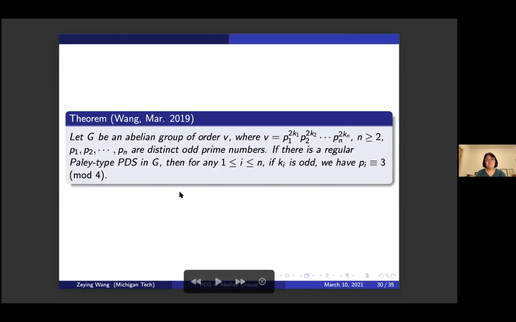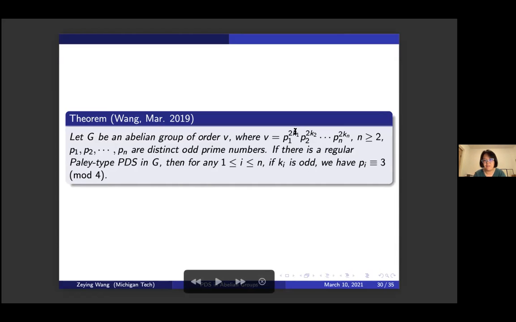In 2019, I proved the following result. Let G be an abelian group of order v, where v is a perfect square and not a prime power, right? If there is a regular Paley type PDS, then for any i, if k_i is odd, we have p_i is congruent to 3 modulo 4.